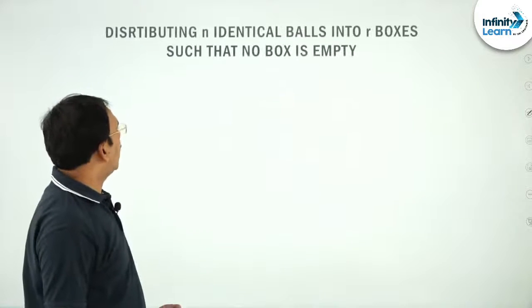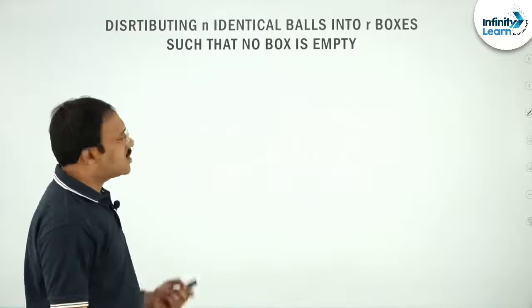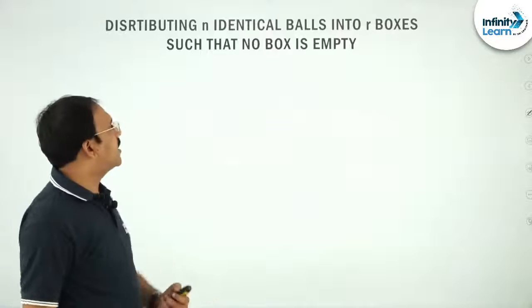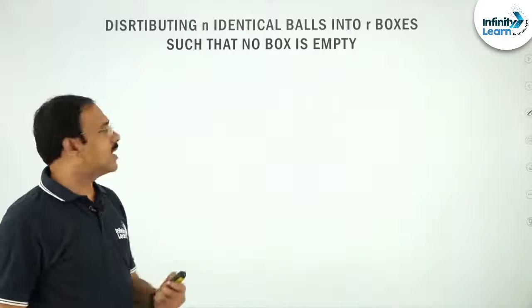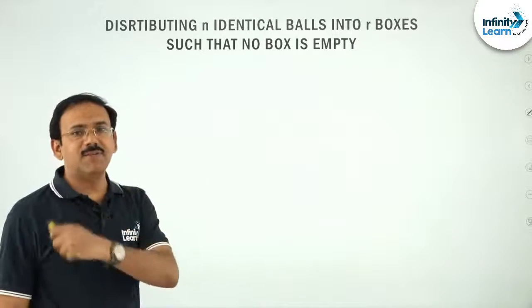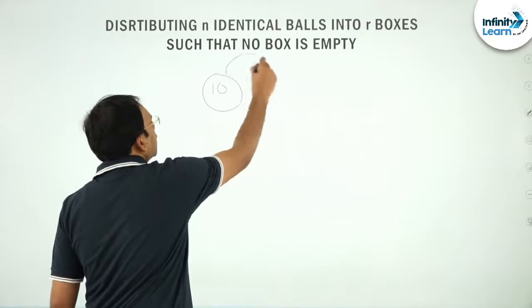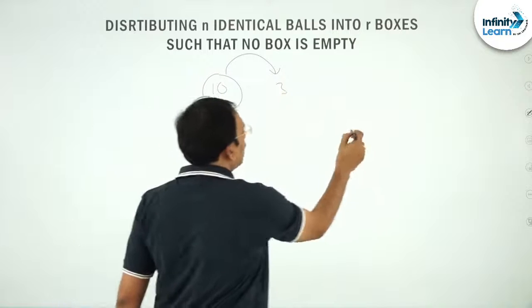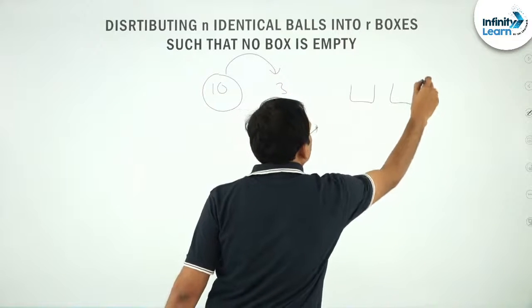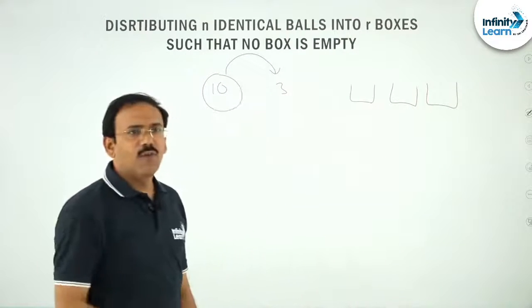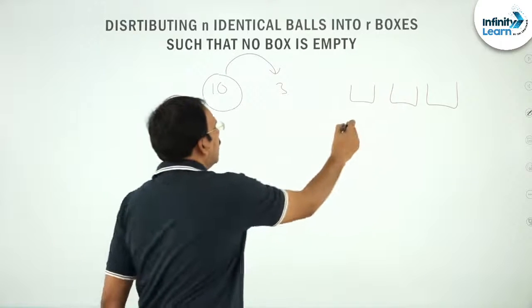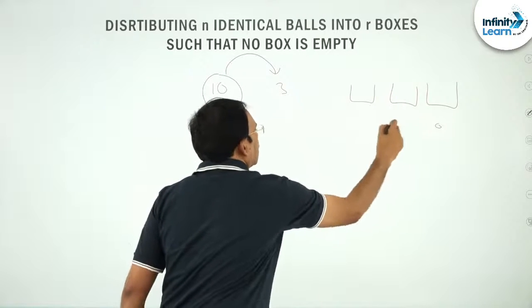Now the next one is distributing n identical objects into R boxes such that no box is empty. Friends, in how many ways can you distribute 10 objects into 3 dissimilar boxes such that no box is empty? You know what I do? First I put one ball in all the 3. 1, 1, 1 I have kept.